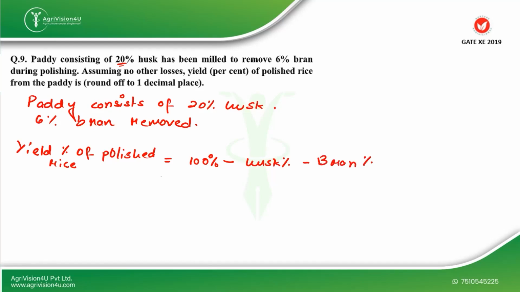Now husk percent is 20%, since they have said no other losses are there, minus bran percent, which is 6%. So it is 74%. So the yield percentage of the polished rice from the paddy is around 74%.